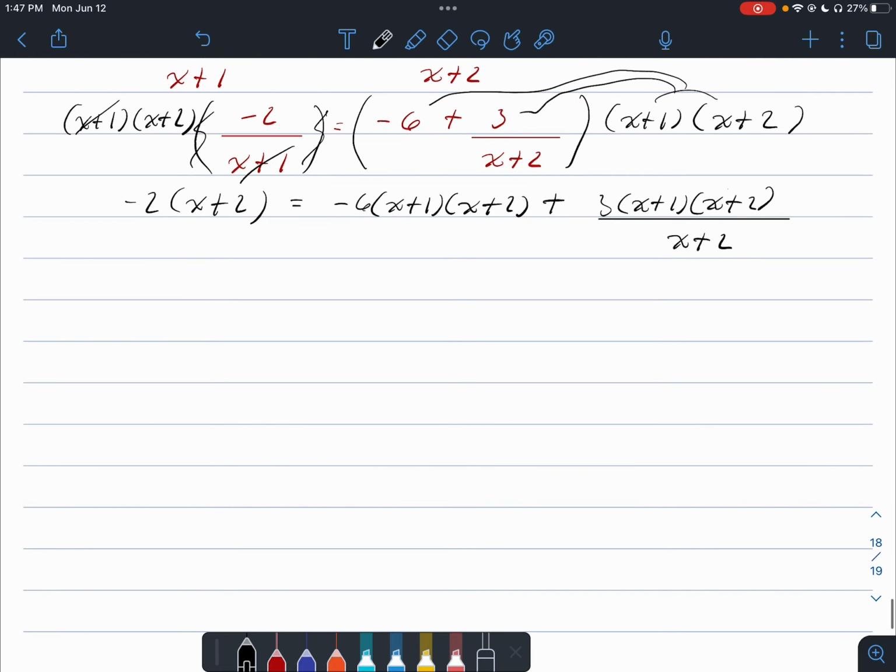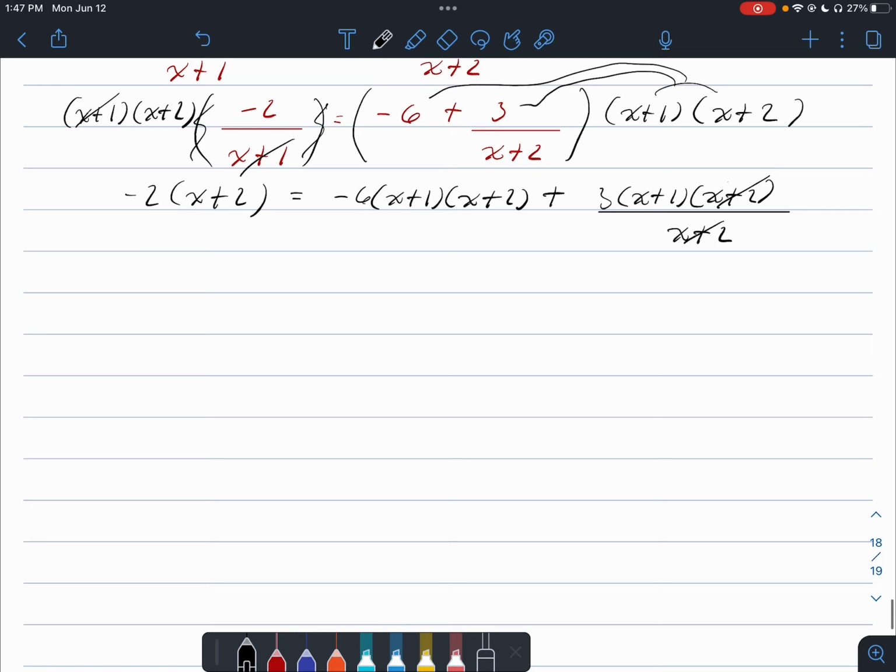But we'll notice these x plus 2's will cancel. So now what we have is -2 times x plus 2 is equal to -6 times x plus 1 times x plus 2 plus 3 times x plus 1.